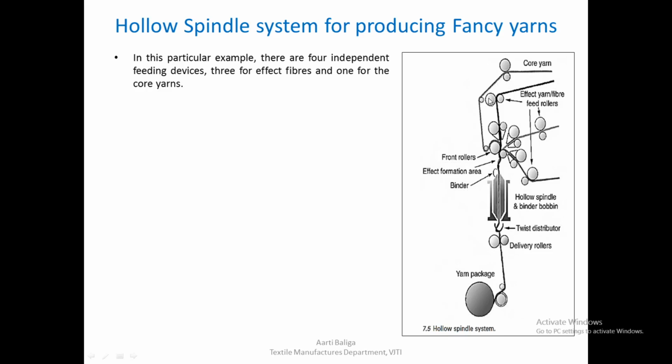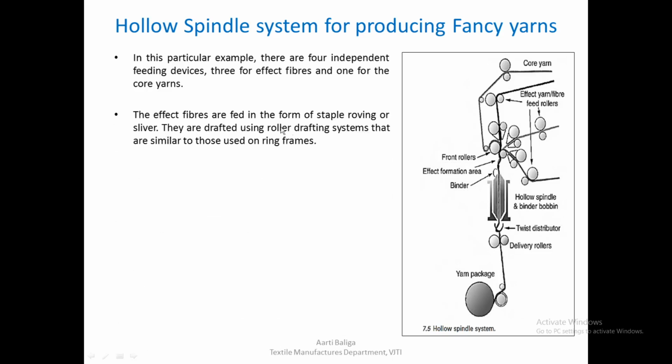One is the core that is coming through directly via this particular passage, and there are these effect yarns which are coming through 3 different drafting systems here, and they are being combined at this stage, and then the binder on the hollow spindle would bind this effect and ground all together, giving us the final fancy yarn.